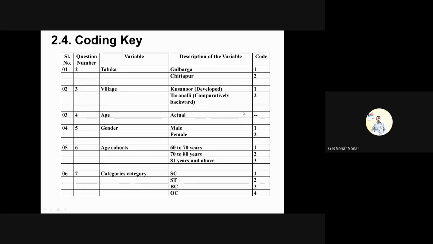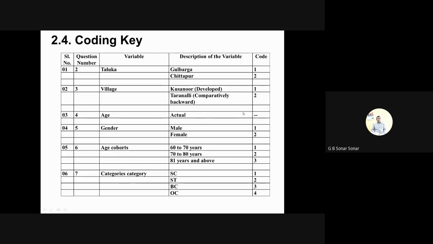Now, the fourth sub-step in data processing is preparation of the coding key, which is very, very important. As I was mentioning, coding key is a description of the variables or questions present in the research tool. So this is one simple model of coding key used for one of my studies.